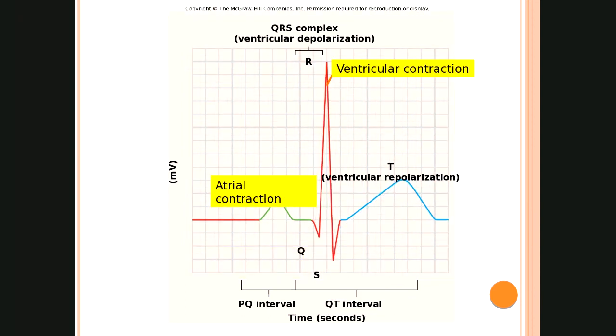The actual contractions happen right after the peak of the curves. So atrial contraction would happen right there, ventricular contraction right there. This is the delay between one contraction and the other contraction.